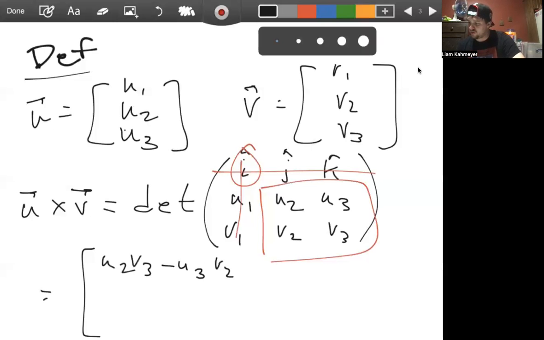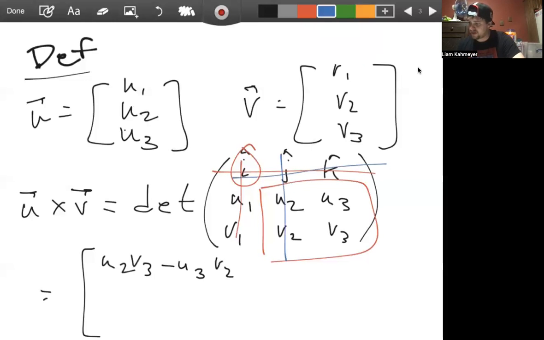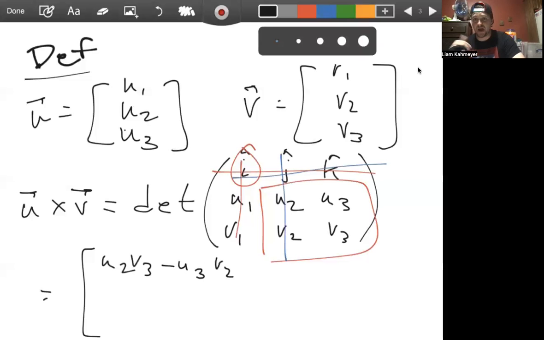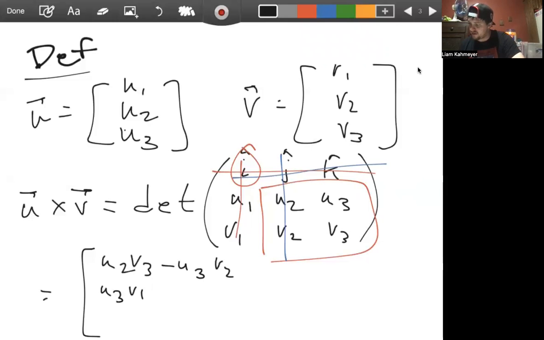And we could do the same thing for j hat. If we did this, you need to add a negative, because if you remember in the definition of the determinant, you have an alternating sign. And so this would be u3 v1 minus u1 v3.